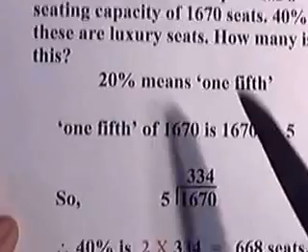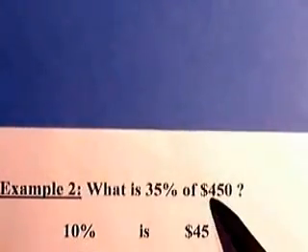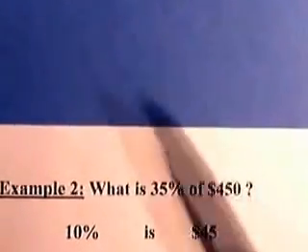There's the answer, 668 seats. That's 40% of 1,670. One last example. Here it is. What is 35% of $450? Alright, well, start off with 10%. 10% of 450 is 45.